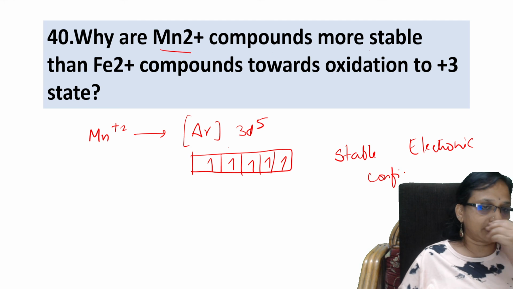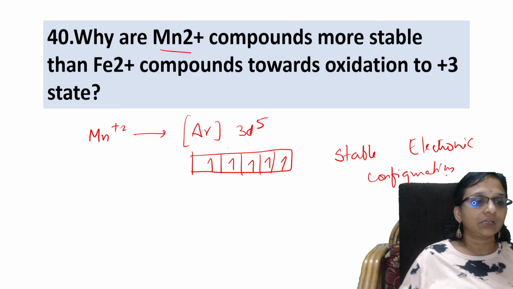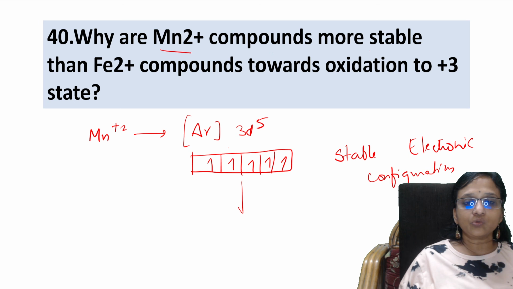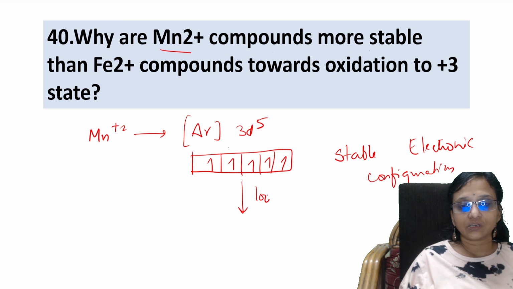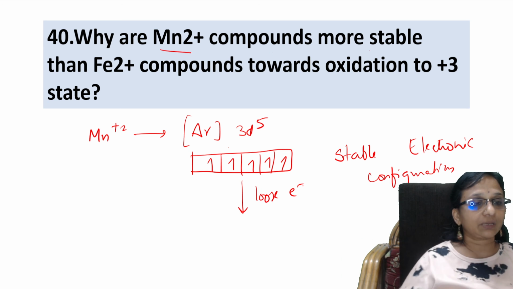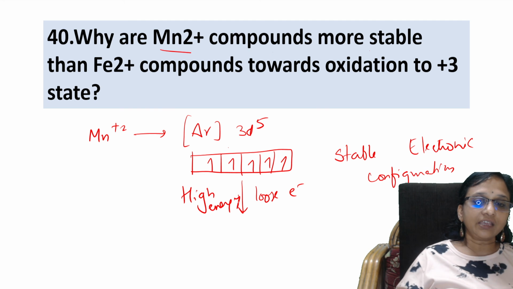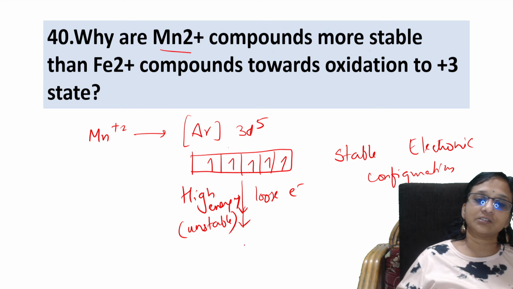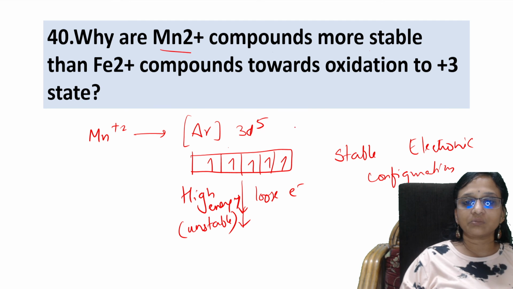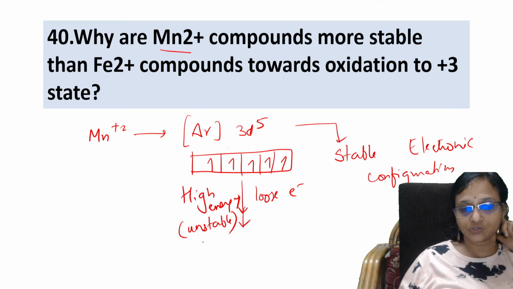Now, if I want to lose more electrons from this, what will happen, students? I require high energy. High energy means the molecule becomes unstable. Correct? The molecule becomes unstable if you use high energy. So to take out one electron, first of all, this is a stable configuration, so high energy is used to make it unstable.